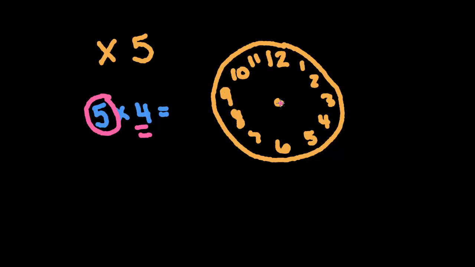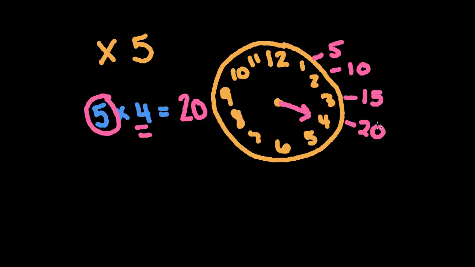So I ask myself, if I have my big hand pointed at the 4, how many minutes past the hour is it if the hand on the clock is pointing on the 4? Well, 4 matches up with 20 minutes past the hour, because remember, this is 5 minutes past the hour, 10 minutes past the hour, 15 minutes past the hour, 20 minutes past the hour, etc.